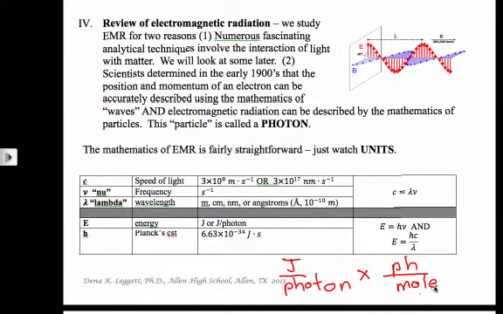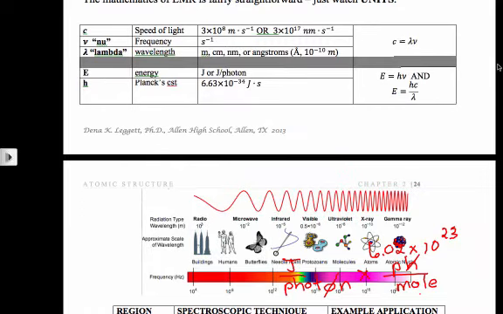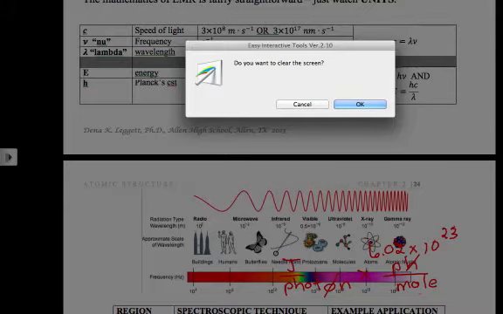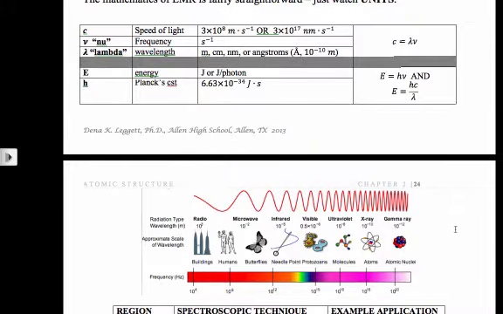Well, how many of anything is in a mole? Well, 6.02 times 10 to the 23rd. So there's 6.02 times 10 to the 23rd, or Avogadro's, photons per mole, and that way your photons would cancel and you would end up with joules per mole. So that's also a common calculation that you'll see with these. And we'll do some more in class in case your memory is not as good as I would love it to be.